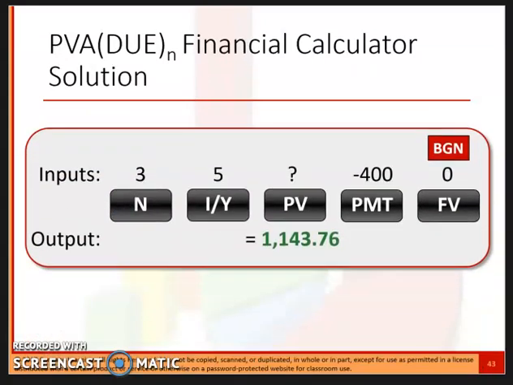And then if we go to our calculator, we're going to use our begin mode again. So it's second, begin. That begin is above the payment key. And then second, enter.